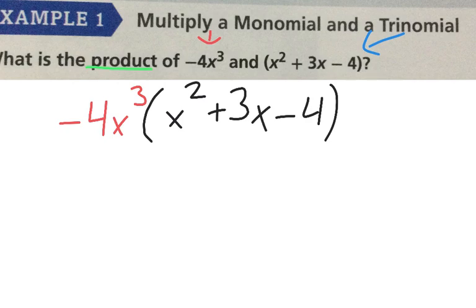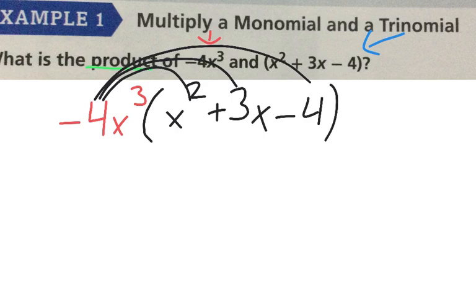You can put a monomial in parentheses, but you don't have to. Okay, so if you put that negative 4x cubed in parentheses, that's fine. But when it's a monomial, you do not have to. Now that's not going to be true for binomials that we're going to look at in just a second. But here, if I need to multiply this by the trinomial, I have to multiply all three terms.